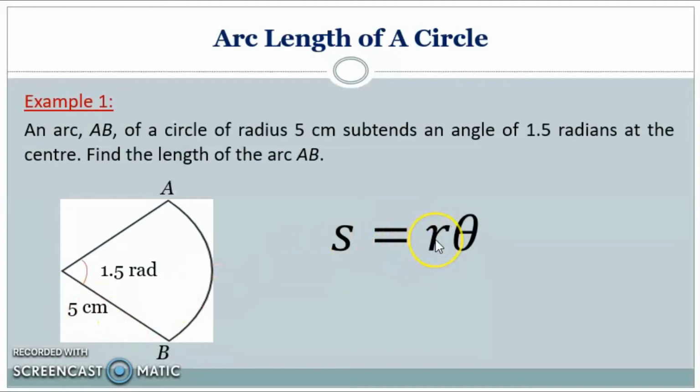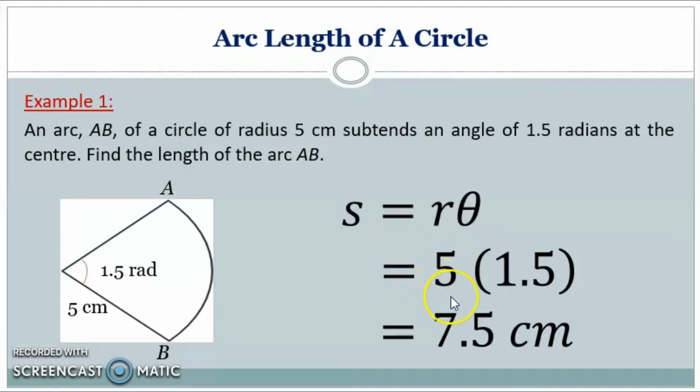Using the formula S equal to R theta, we substitute R by 5 cm and theta as 1.5 radian. Multiplying both these values, 5 times 1.5 will give us the arc length is 7.5 centimeter.